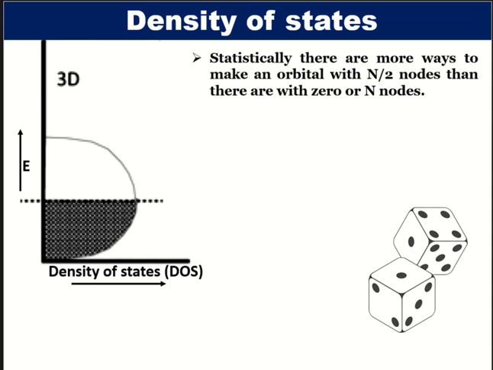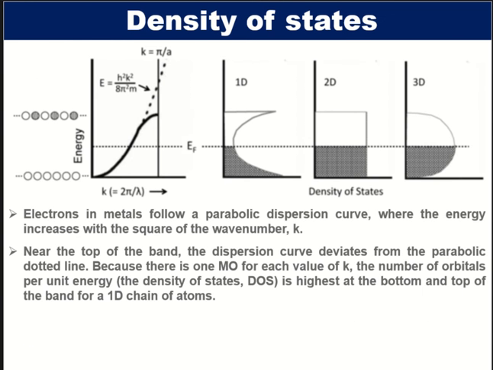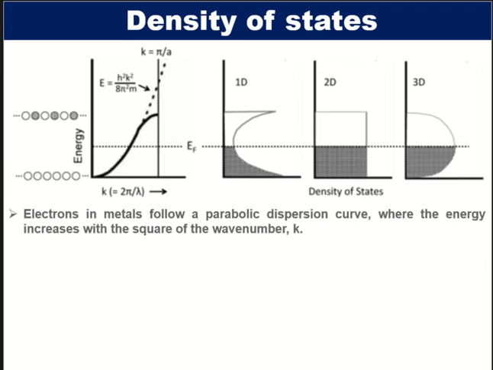This is the 3-dimensional one. Wait a minute, where did the 1-dimensional one go? Okay, the 1-dimensional one will look like this. The number of ways in which you can construct orbitals, sorry, that went reversed. So for a 1-dimensional system, we'll find that it is like this.